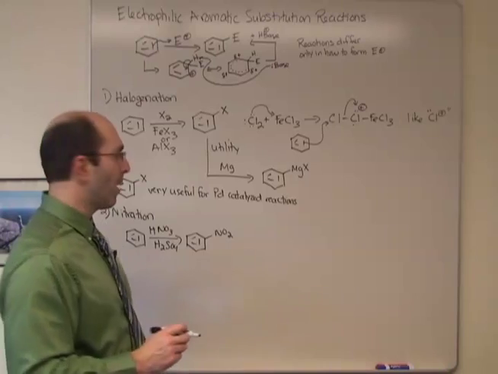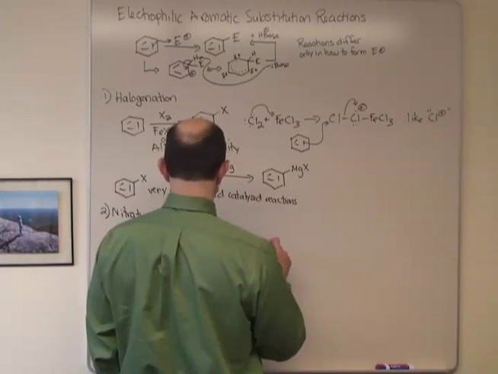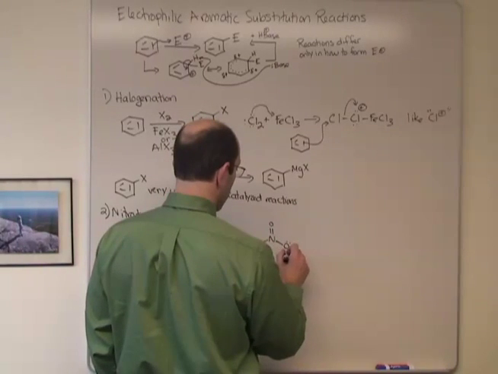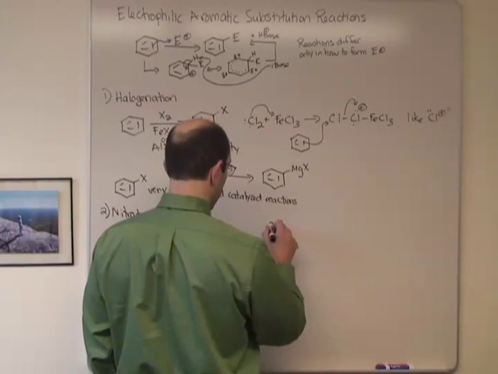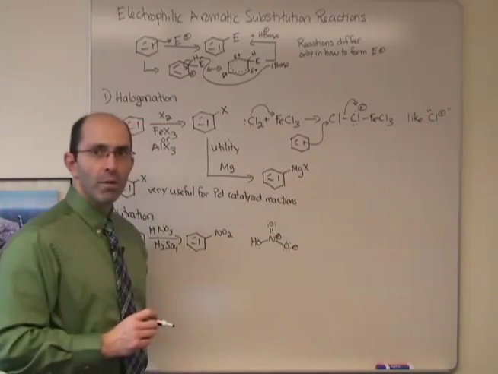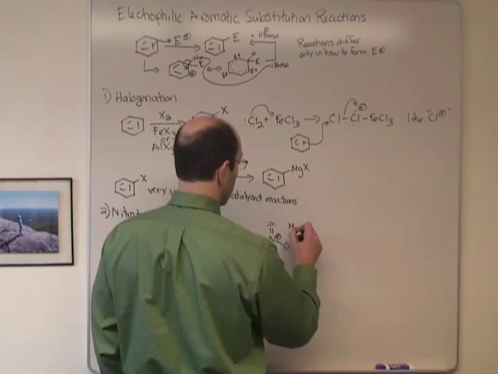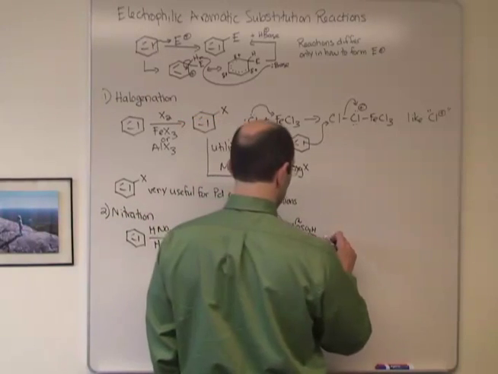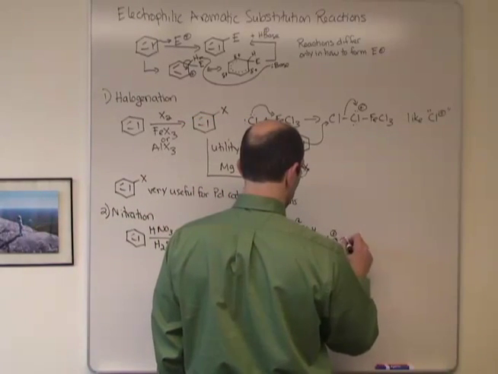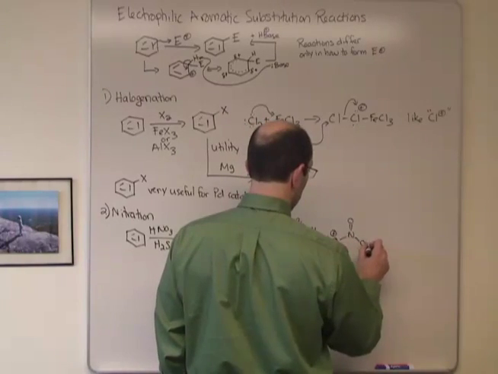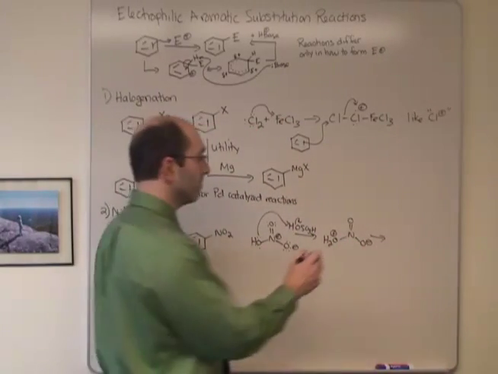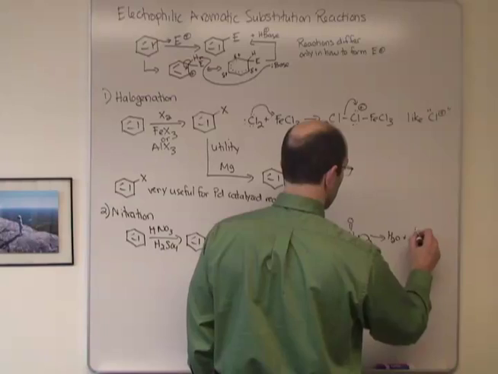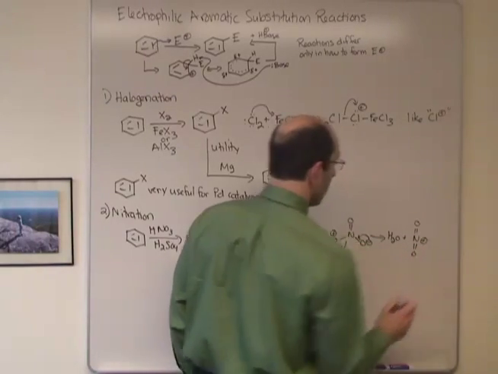And just as a reminder, what's going on when we do this reaction, it's important that we remember what the Lewis structure for nitric acid looks like. Right? And when you react that with sulfuric acid, you can protonate, then lose water, all right, and there's your electrophile.